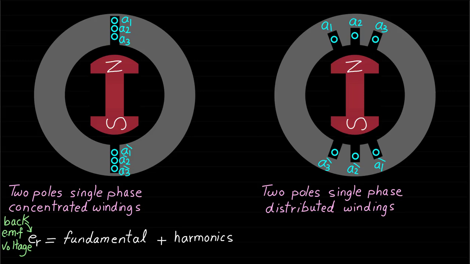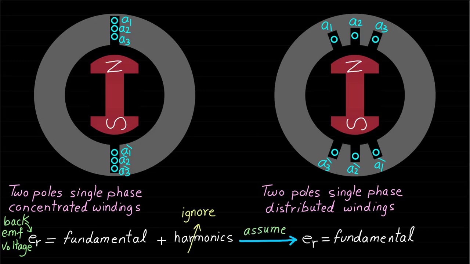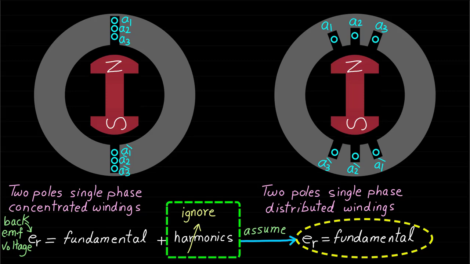However, to simplify the analysis and the discussion, let's assume that the armature induced back EMF voltage ER of any coil has only the fundamental component and ignore the harmonics for now. Now let's first start the discussion with the concentrated armature winding machine.